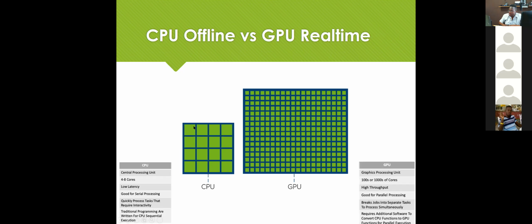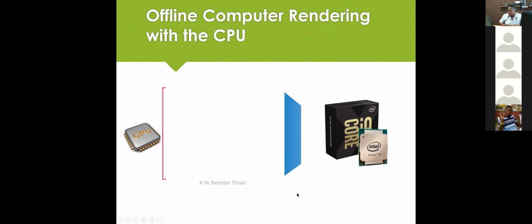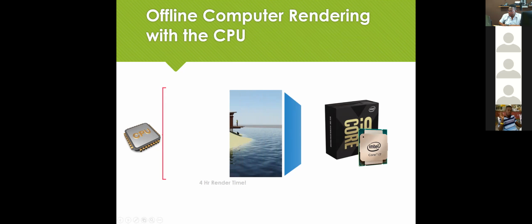Now, what that changes for us in the industry is, do you remember that image that we were looking at earlier? Whenever the processor renders, this is the kind of thing you're looking at, and it's this big brain that tries to render this out. And even if it has multiple cores, the more cores you have, the faster this will render.